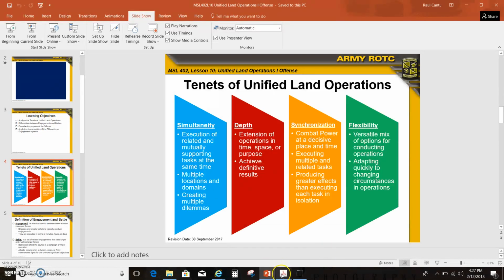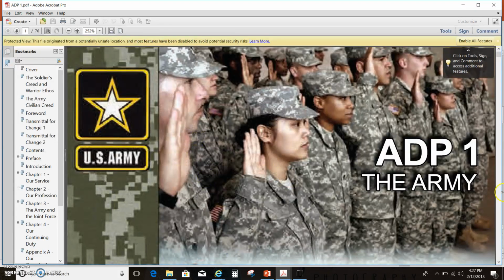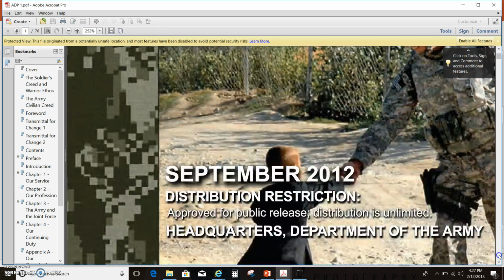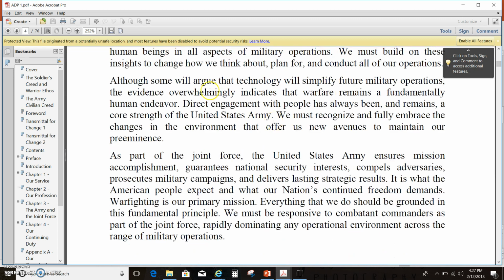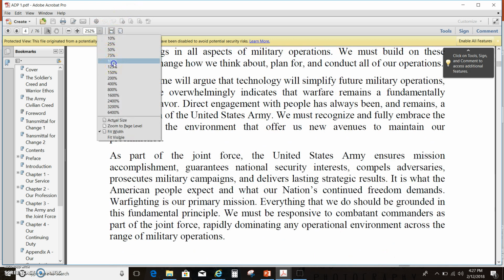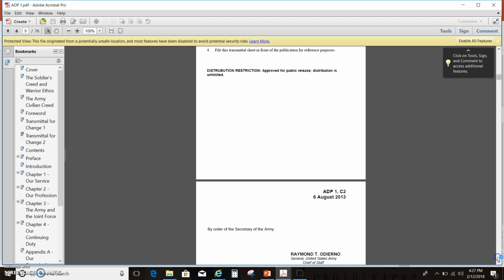When we go to the Army ADP 1, we said that the mission of the Army was to fight and win the nation's wars through prompt and sustained land combat as part of the joint force.